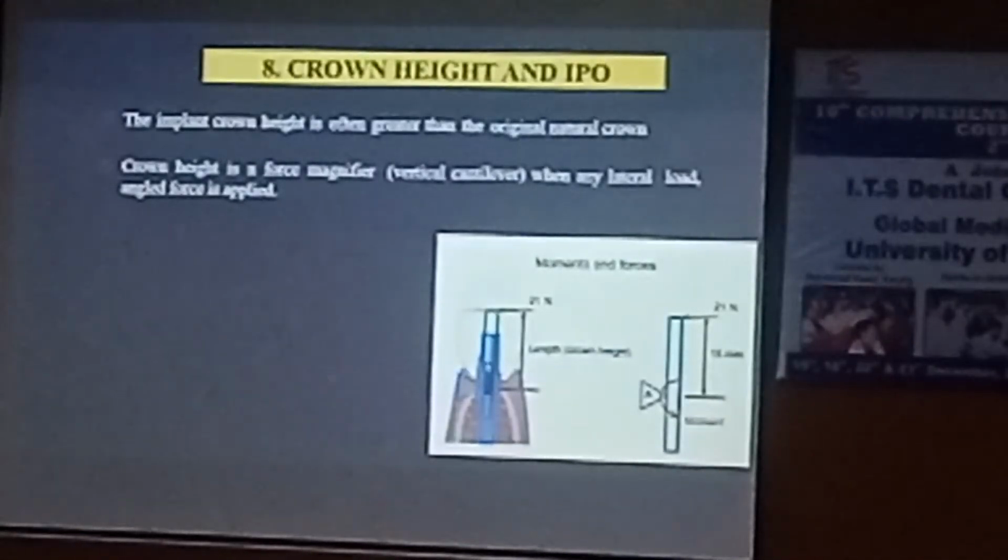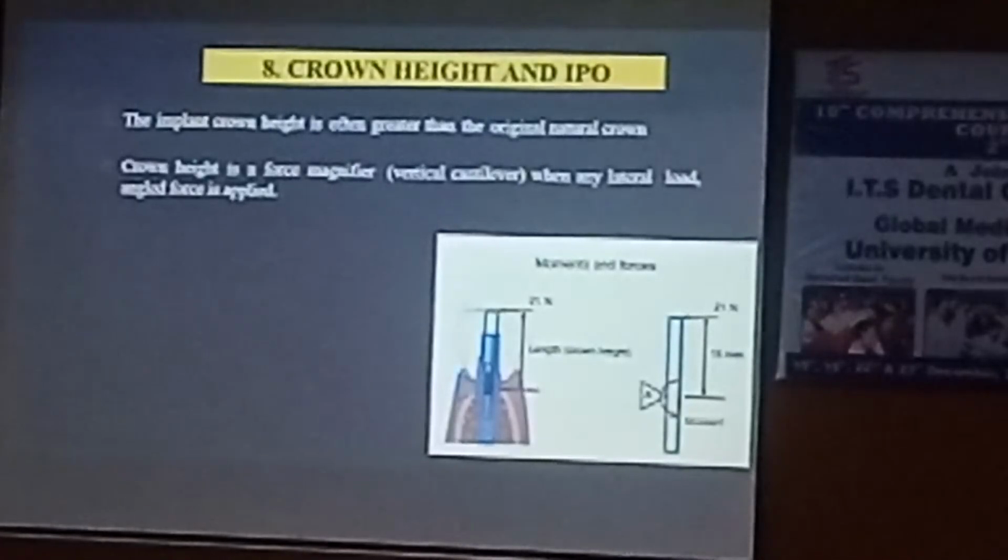Right? So you must evaluate when doing the diagnosis how much space is there for the prosthesis. Is there a space or not? I see many times cases where there is no place for the abutment. How can you diagnose a case and place the implant just because you have to place the implant? You have to leave some space for the prosthesis as well.